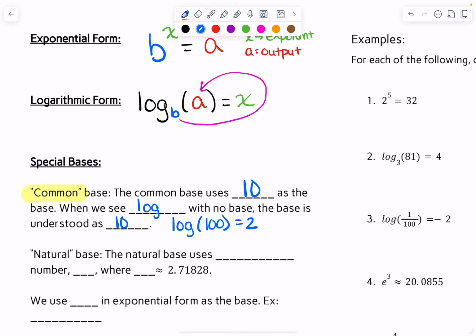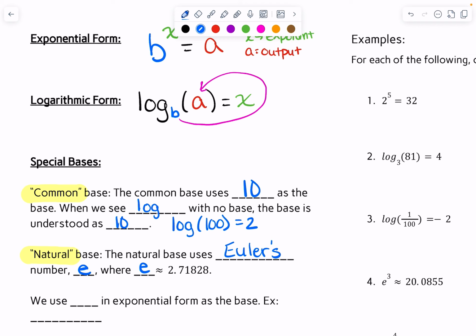We also have something called the natural base, and this uses something that the mathematician on the front of our page discovered. The natural base uses Euler's number, which is an e. So if you think back to our first unit when we were talking about functions and function notation, we talked about, hey, you can name functions any letter, but most of the time we don't use e because in math, e represents Euler's number, which is approximately 2.71828.